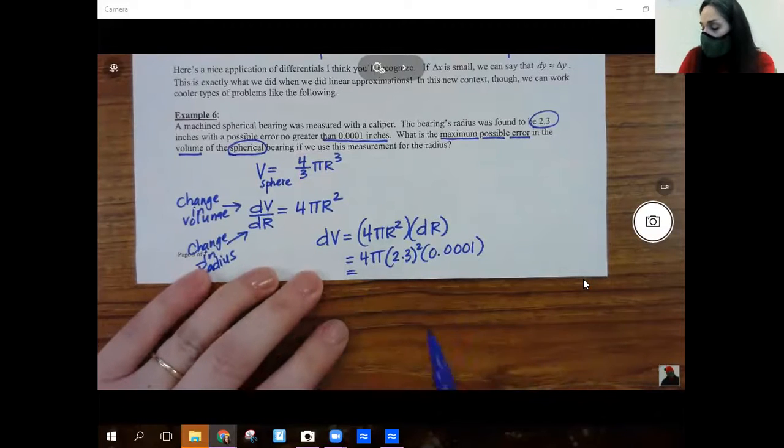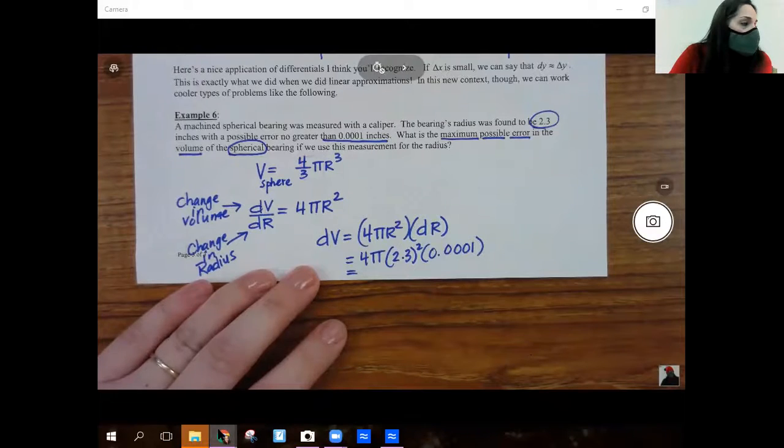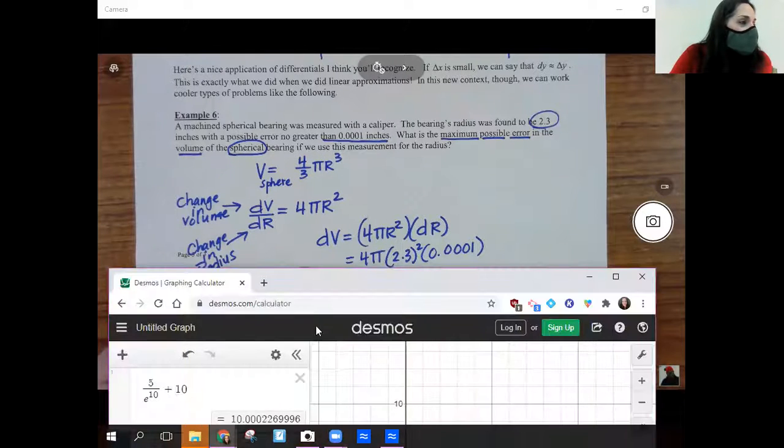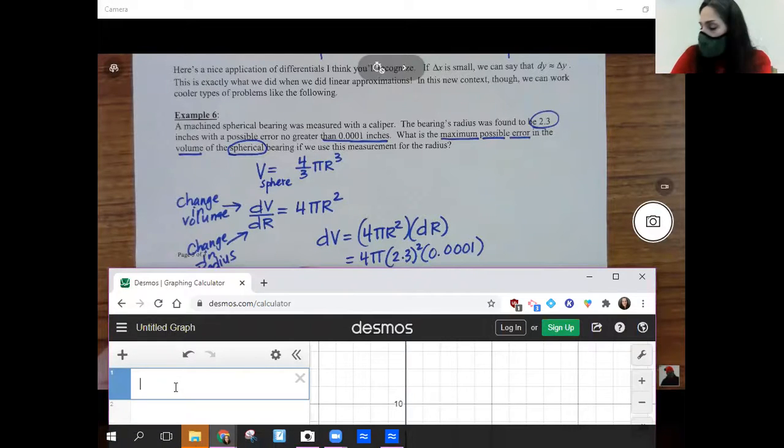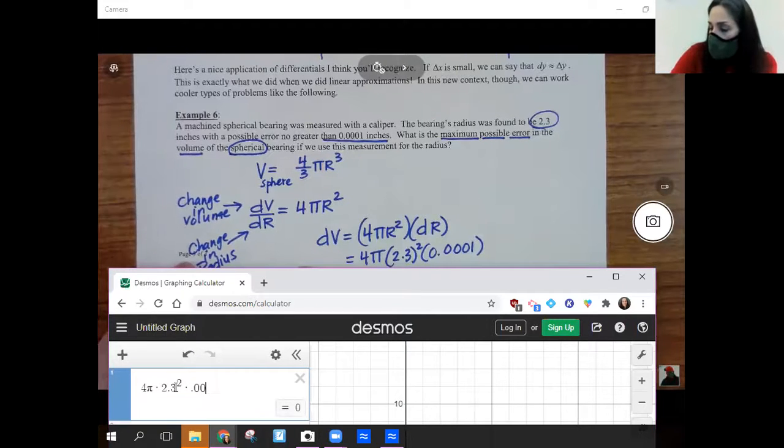So this would be 4 pi, 2.3 squared, times dr. You're not having to do this mentally. We are going to use Desmos for this. So 4 times pi times 2.3 squared times 0.0001.